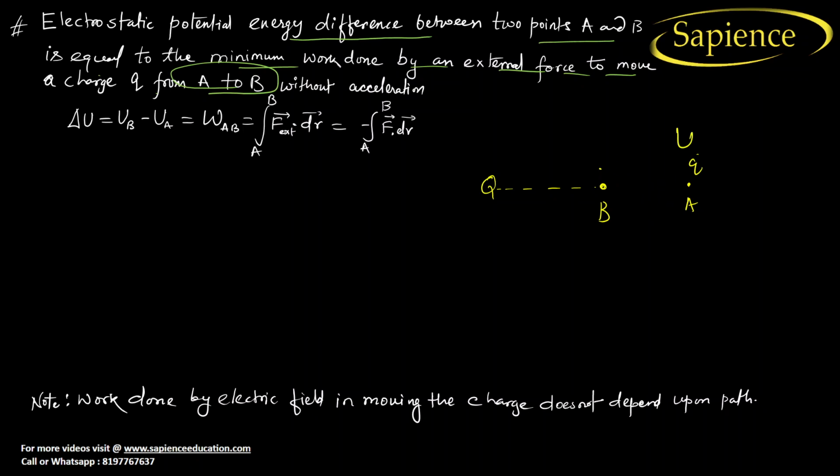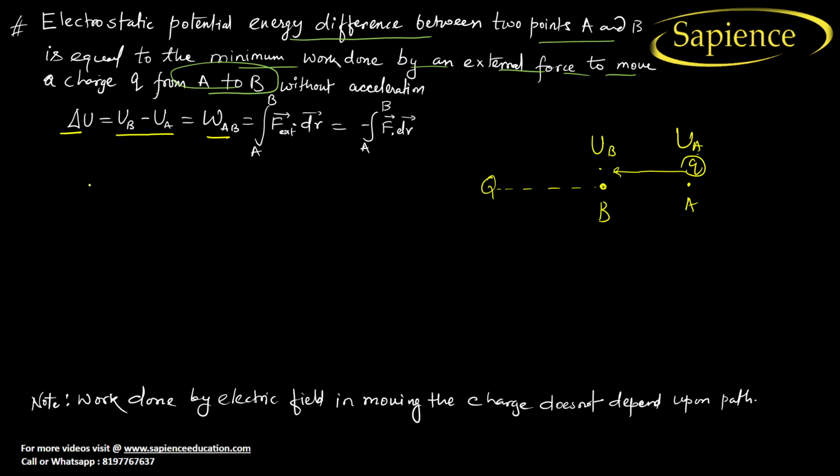Potential energy at A is UA and potential energy at B is UB. So the change in potential energy will be UB minus UA, and this will be the work done in bringing a charge from A to B, right?